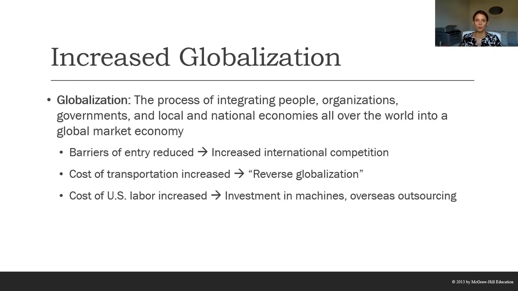competition. When the cost of transportation increases, it makes it more difficult for people and goods to travel around the world. So sometimes these increases in cost can contribute to what we call reverse globalization, where that integration of people and systems across the globe begins to break down.